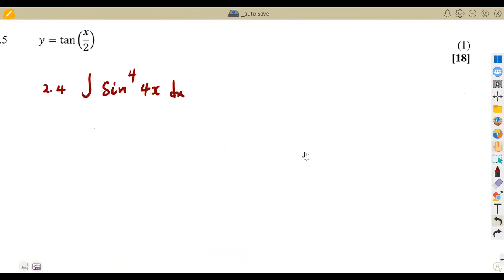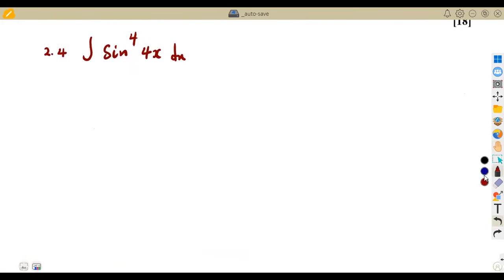All right, remember for a sine and a cos, if n is an even exponent, there's a specific identity that you're supposed to use. For sine, you are going to use this identity: sine squared ax is equal to a half minus a half of cos 2ax.